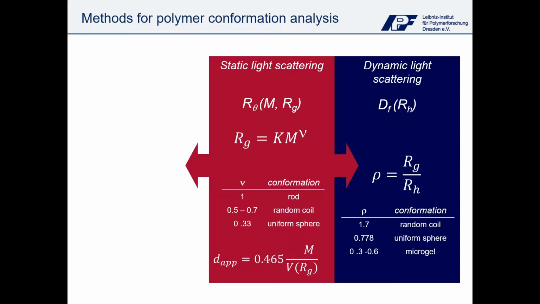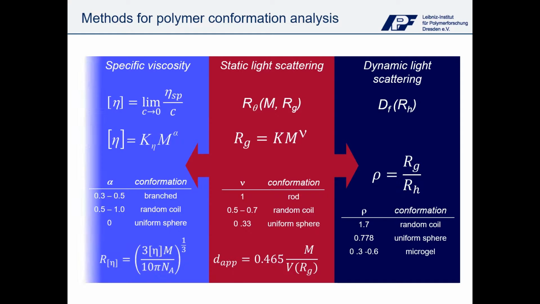And another way to use static light scattering together with viscosity, for example, is using the specific viscosity or directly the reduced viscosity at concentration 0, which gives us the intrinsic viscosity. The connection between the intrinsic viscosity and the molar mass is another equation, the so-called Kuhn-Mark-Houwink equation.